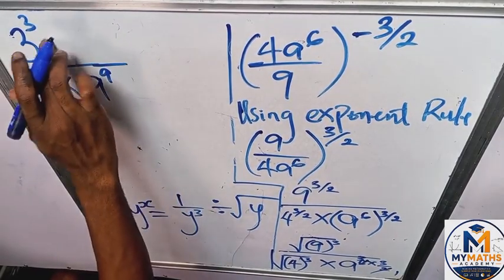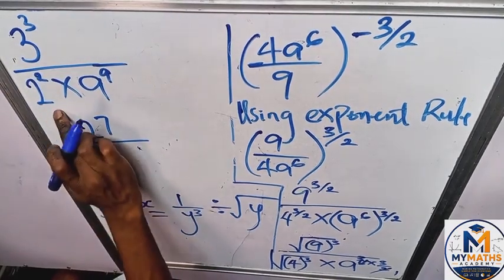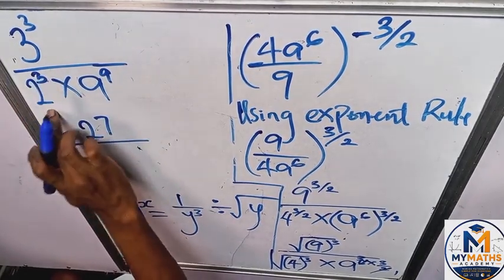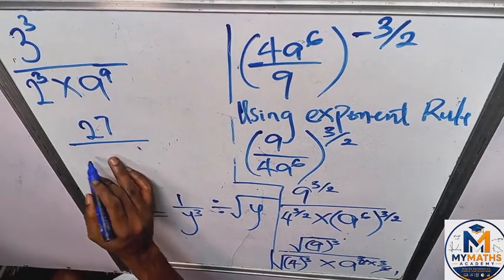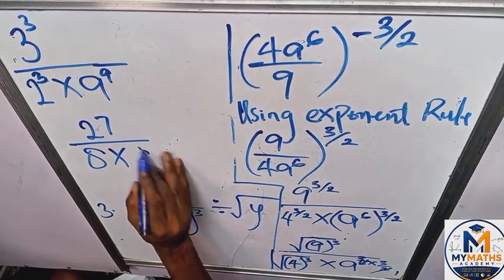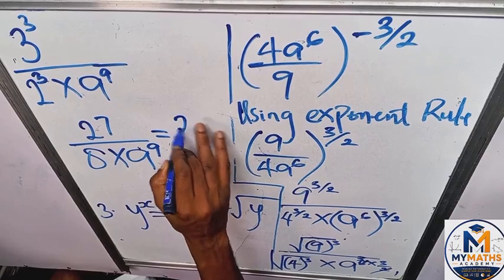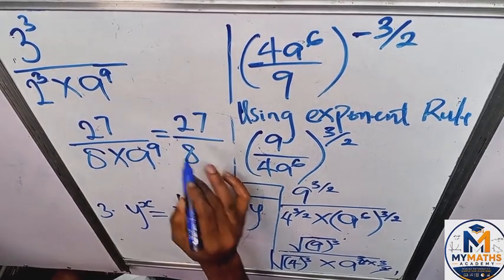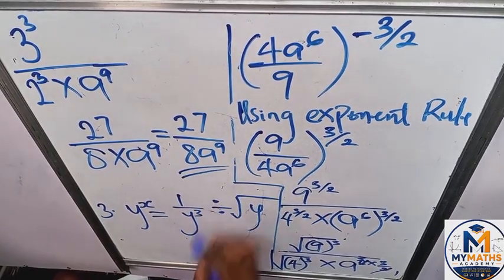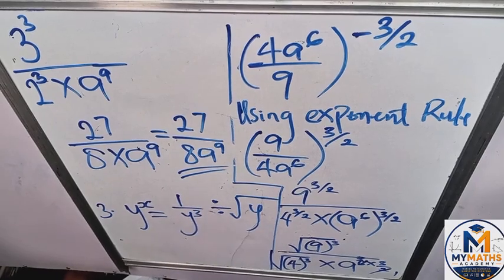So therefore, 3 times 3 times 3 will give us 27 over 2 times 2 times 2, which will give us 8. 8 times a raised to power 9, our answer is going to be 27 all over 8 a raised to power 9. So this is going to be our final answer in solving that question.